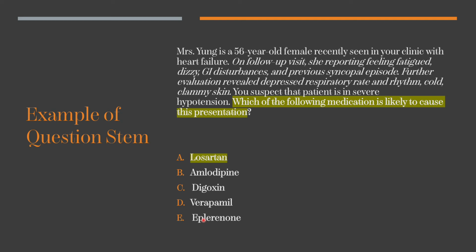It works by blocking aldosterone to lower blood pressure, and it has a low side effect profile. So based on my knowledge of all these antihypertensives, the best answer is losartan. Also, centrally acting alpha blockers are also known to cause first dose hypotension.